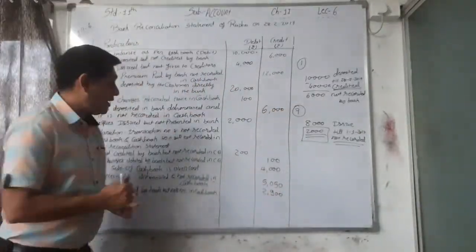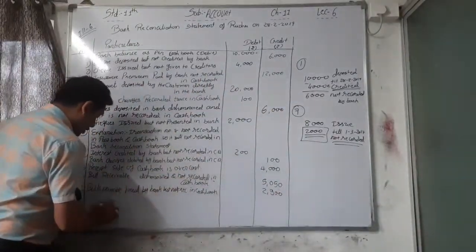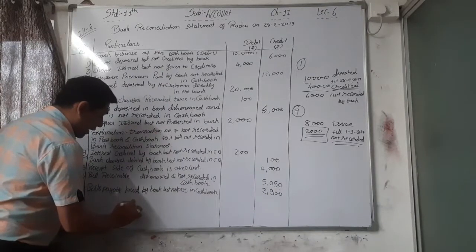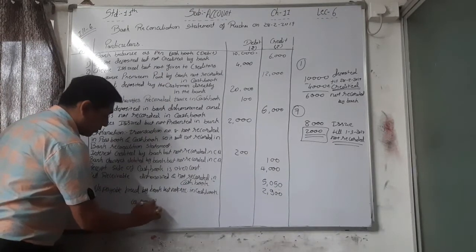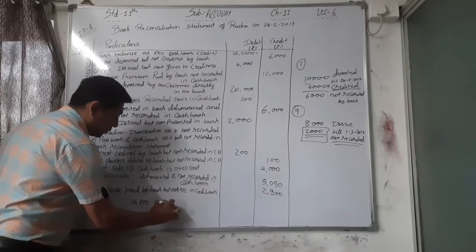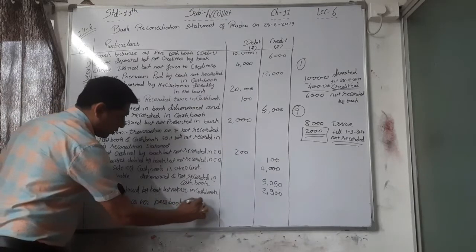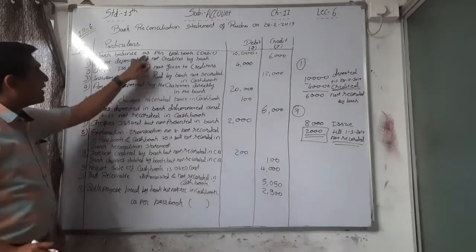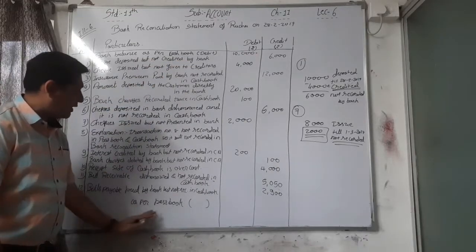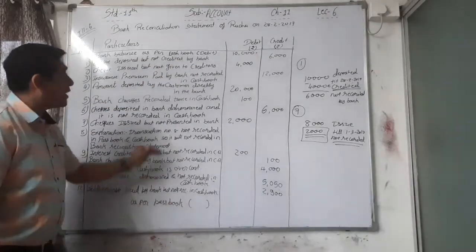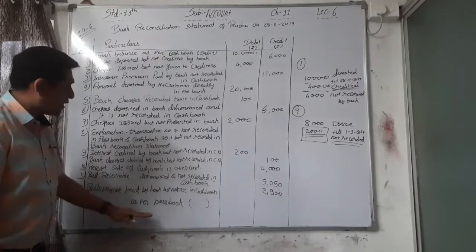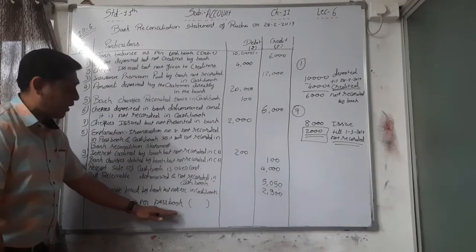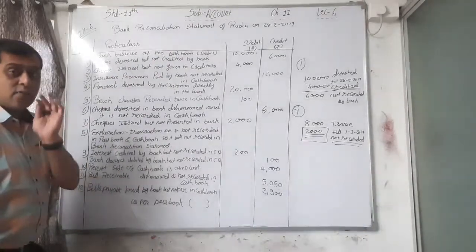So first of all, write down here as per passbook. As per cash book is given, here the answer is always compulsory as per passbook. If the as per passbook is given, the answer is always as per cash book. It is confirmed.